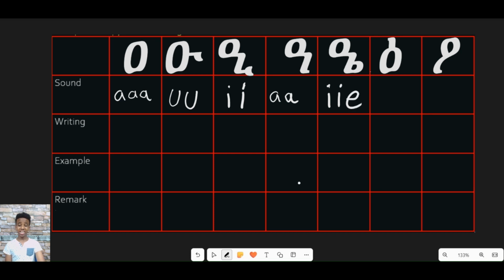This is how you write A. Our sixth letter is the letter I. And if you were to write E, you would get I. Our last letter is the letter O. And you can write O by writing O.